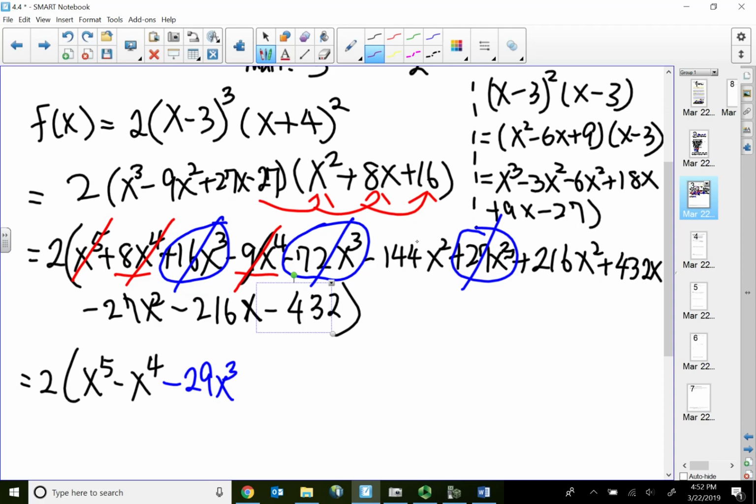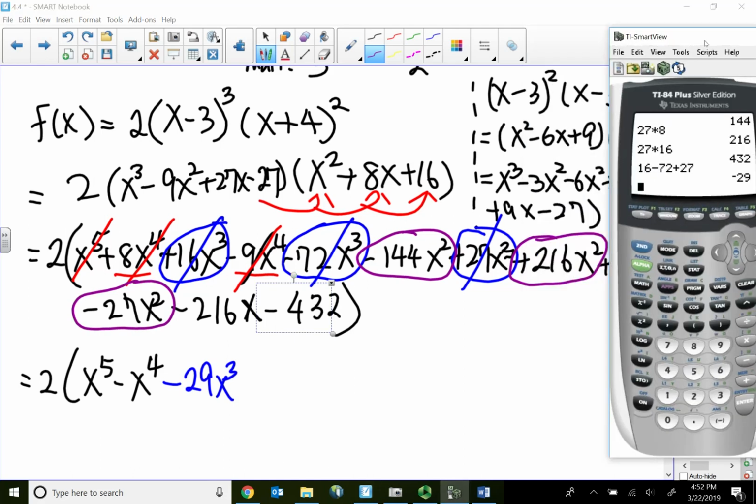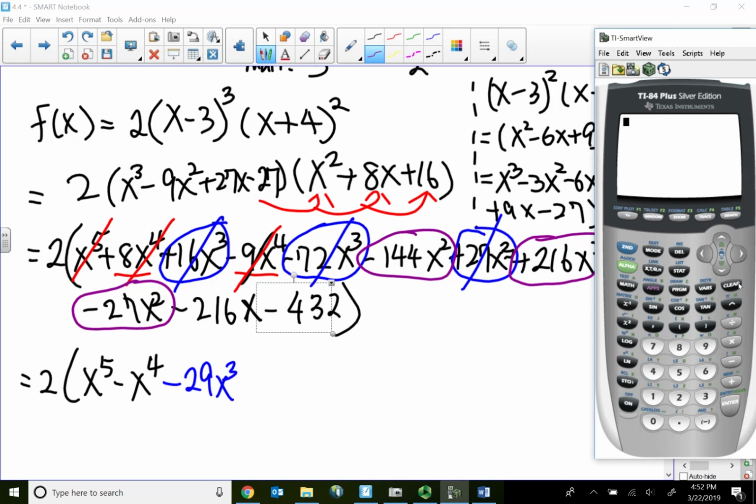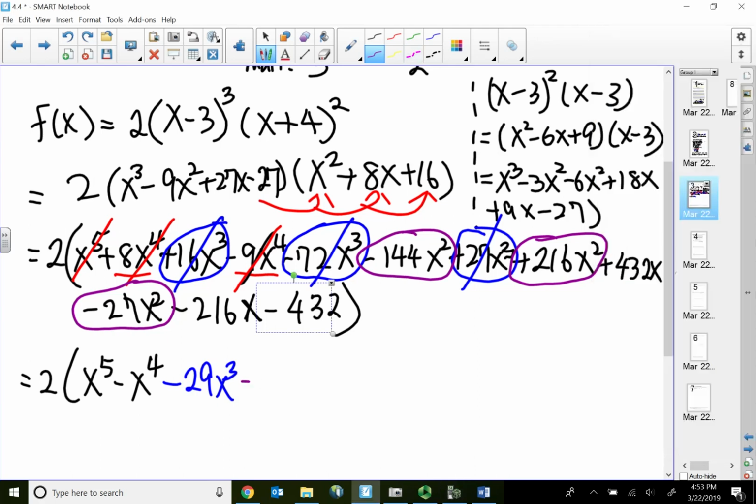Now x squared: negative 144, positive 216, negative 27. Negative 144 plus 216 minus 27 is positive 45x squared. Done with that. Cross it off.